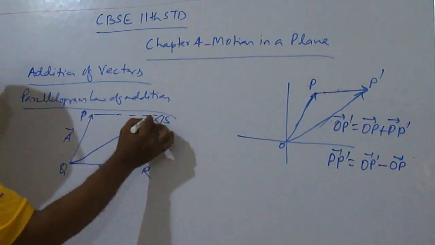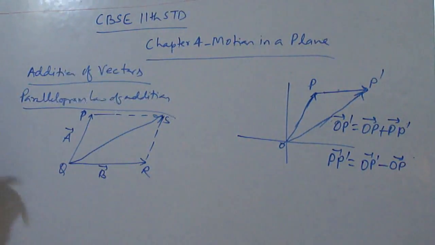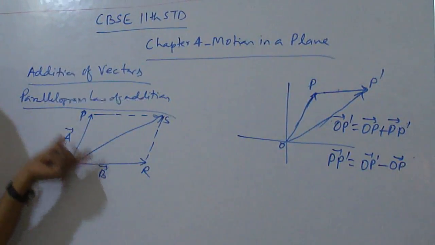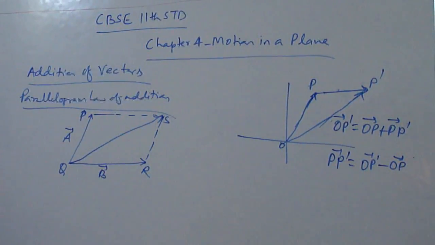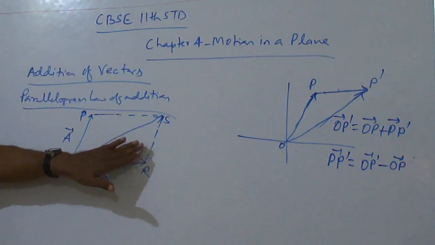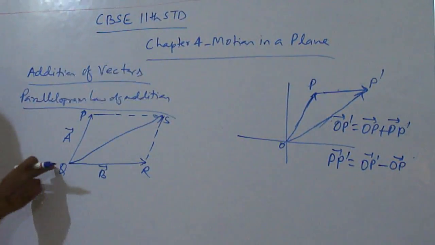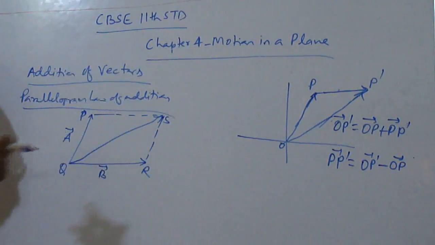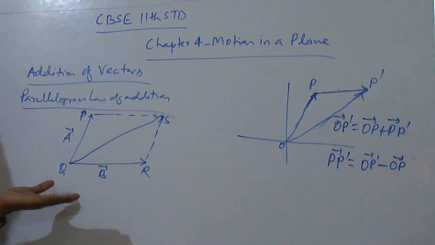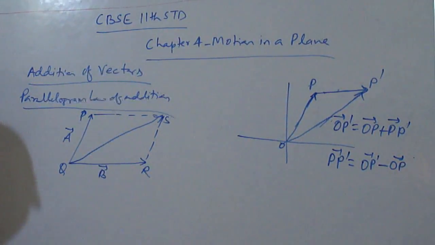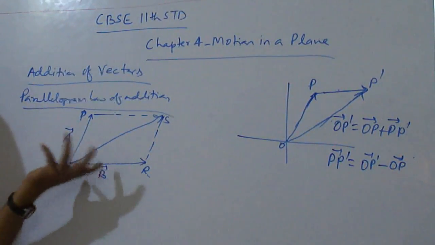Now the diagonal of the parallelogram will represent the sum of these two vectors. It is similar to the triangle law. You can see that QRS is a triangle. In a triangle, if two vectors are represented by two sides, the third side gives the sum of the two vectors.